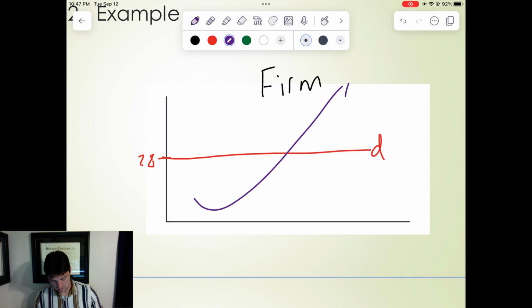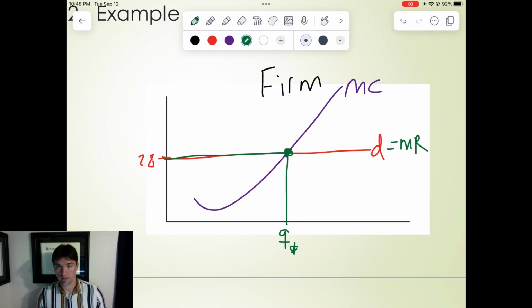Marginal cost is just the Nike Swish, and then the ATC, I like to stop. I don't like to draw it yet. I like to figure out if I'm making a profit first or not. So I'll go to the marginal revenue equals marginal cost.